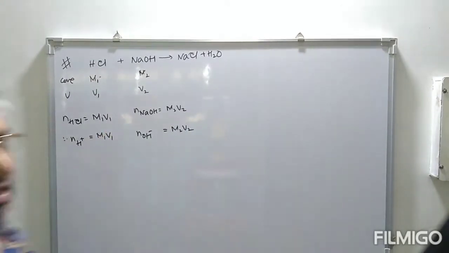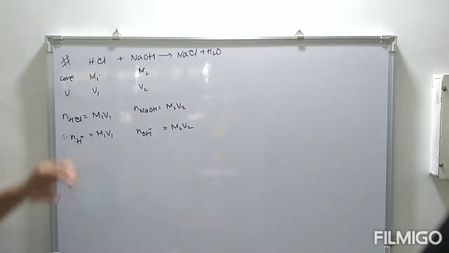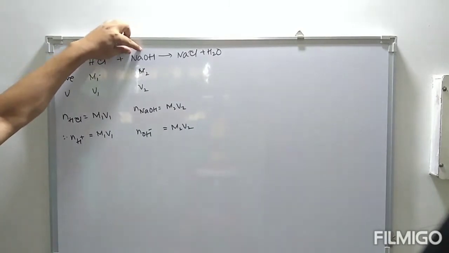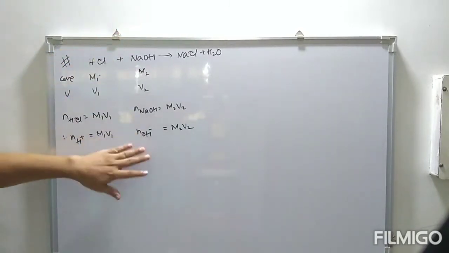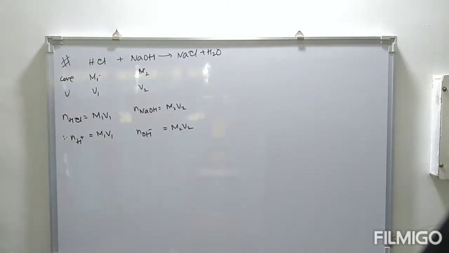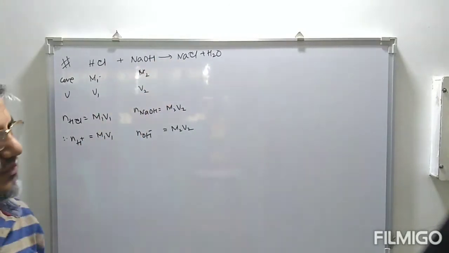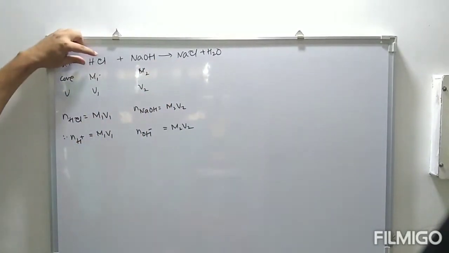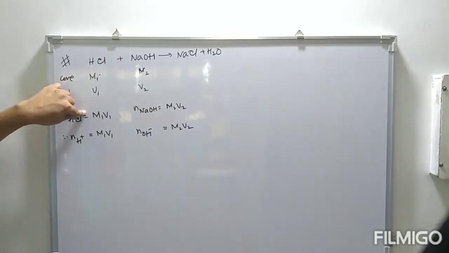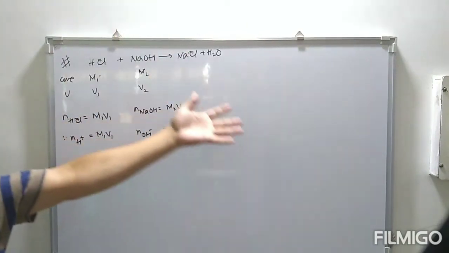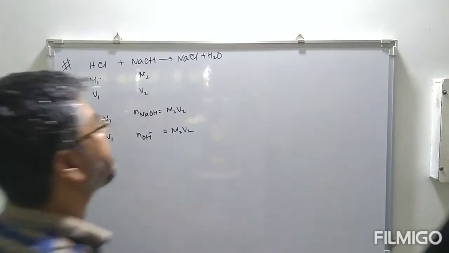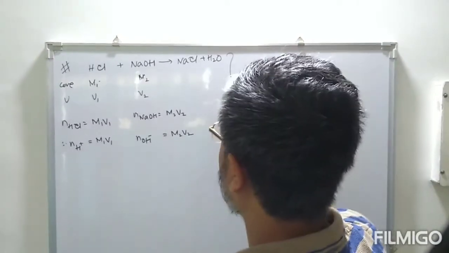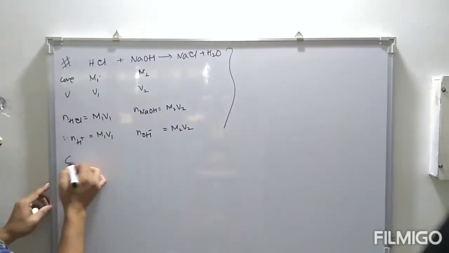So there are three possible cases that may arise. Either both are equal, and if both are equal, there is no acid and no base left, or some of the acid is left, or some of the base is left. So we have cases.